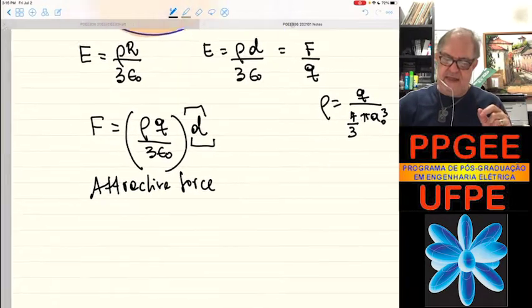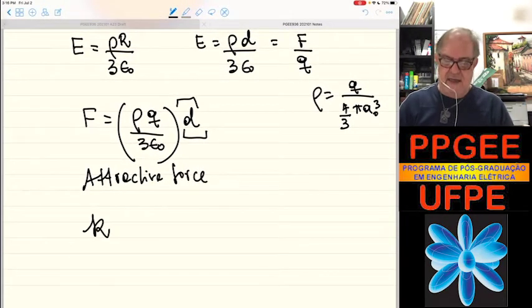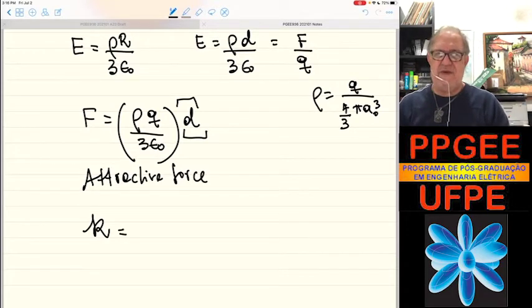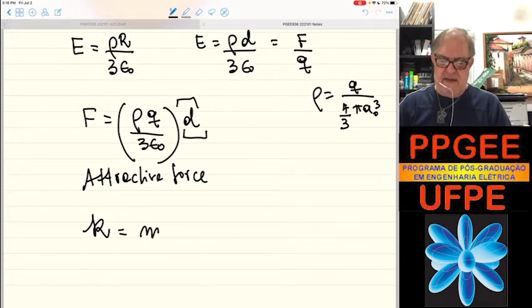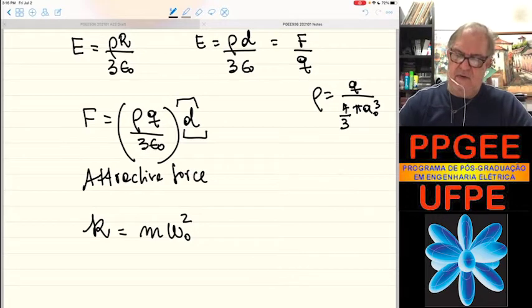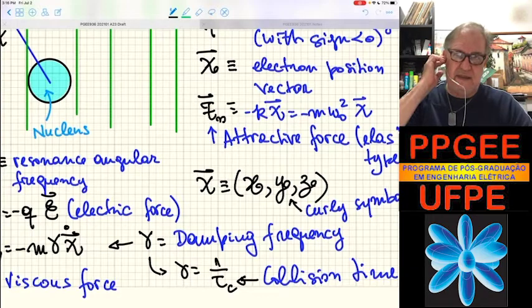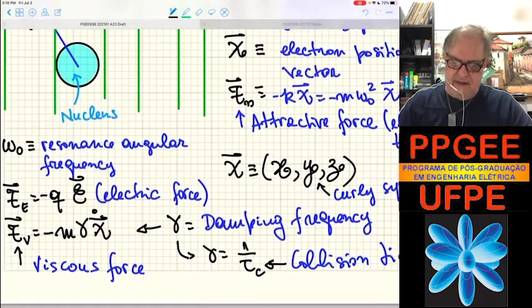So the elastic constant equals, we are using this parameter, but we are going to use k also for wave number, the elastic constant is m times the resonance frequency squared. Okay, we call this the resonance angular frequency, omega 0. You can look at the SI units. You're going to see that they compare.